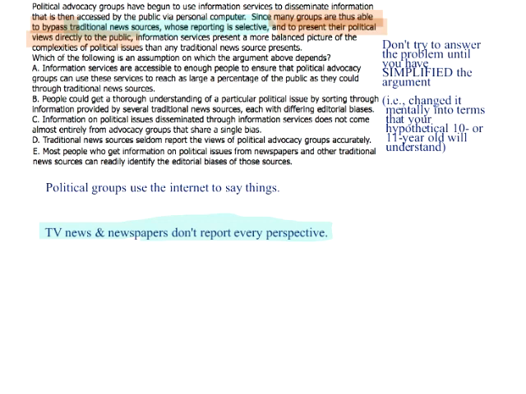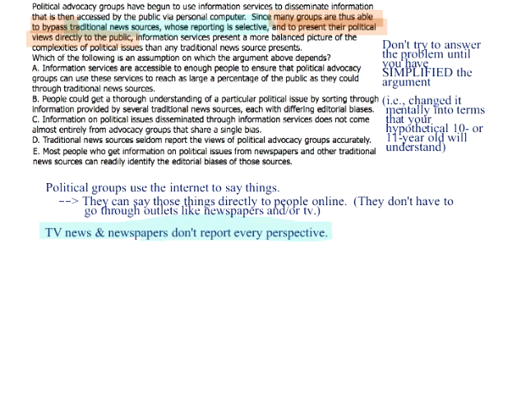The idea with those groups is that they can say those things directly to people online. In other words, they don't have to go through outlets like newspapers and TV. So that's what the orange thing is saying, right? They can actually talk to the people. It's like the internet is a giant town meeting kind of thing.